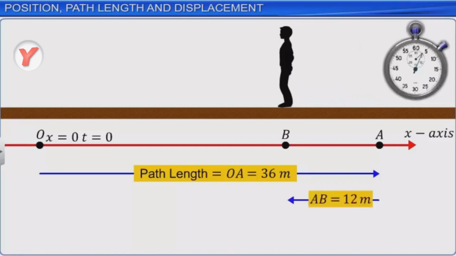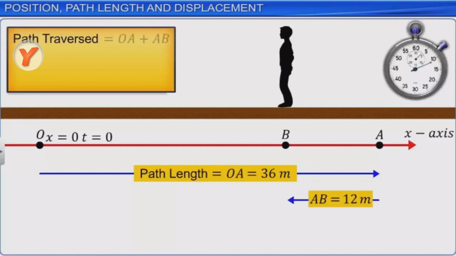Now, the path length traversed by the man is OA plus AB, equal to 36 meters plus 12 meters, which is equal to 48 meters. The path length is a scalar quantity as it has only magnitude and no direction.